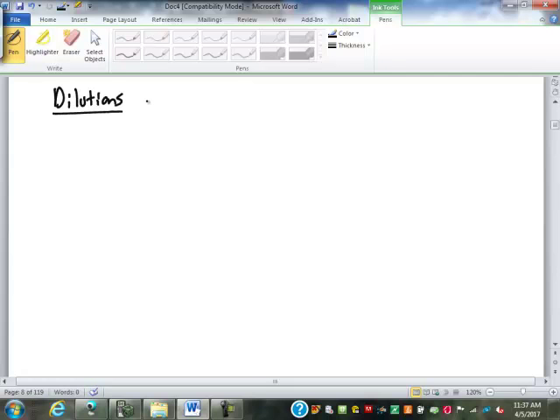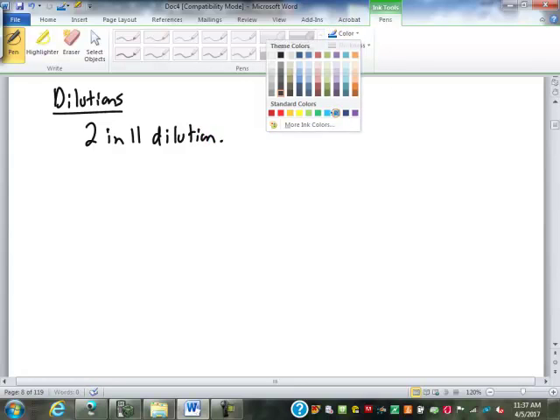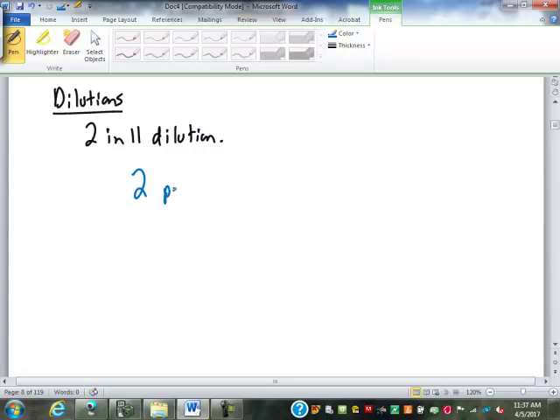So in a dilution, remember the biggest thing is if we're stated that we have a 2-in-11 dilution, we have to remember that that is 2 parts of our serum or concentrate in 11 total parts solution.